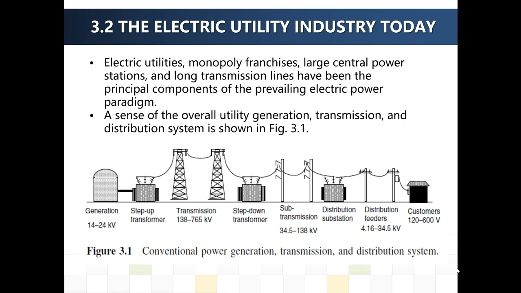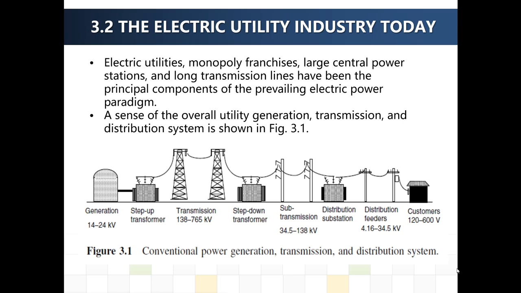When electric power reaches major load centers, transformers located in the distribution system substations step down the voltage to levels typically between 4.16 kilovolts and 34.5 kilovolts. Distribution feeder lines carry power from distribution substations to the final customers.